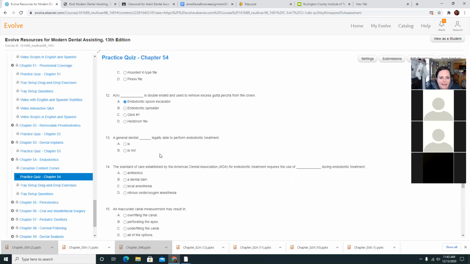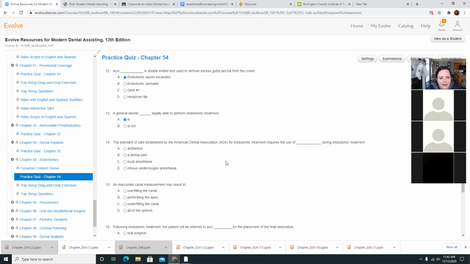A general dentist, blank, legally able to perform endodontic treatment, is or is not? Is. They are. The standard of care established by the ADA for endodontic treatment requires the use of blank during endodontic treatment.